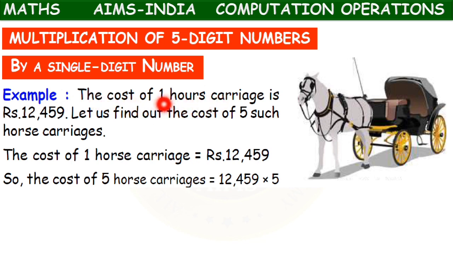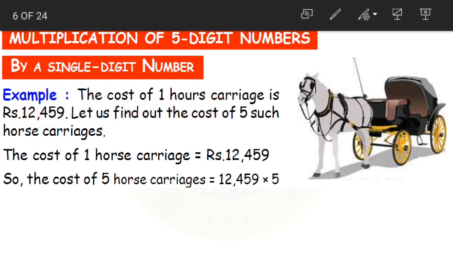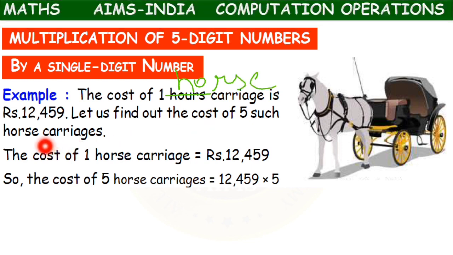Now in the example, the cost of one horse carriage is 12,459 rupees. Now let us find out the cost of 5 such horse carriages. What should we find out? The cost of 5 horse carriages. First let us write the information given.